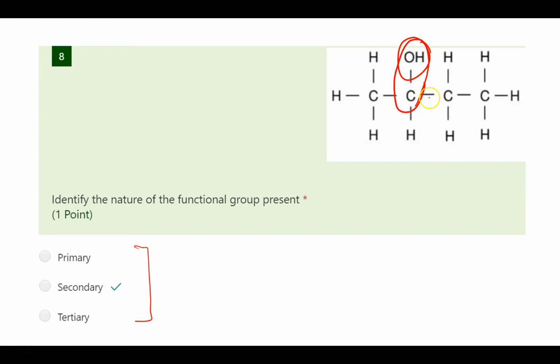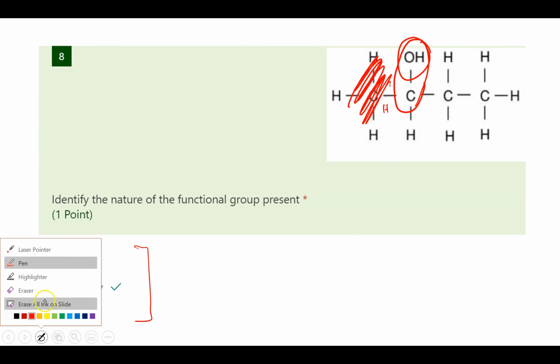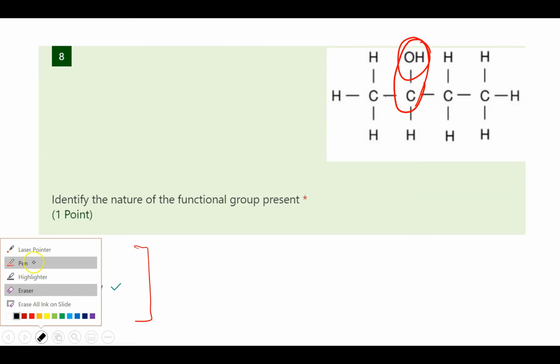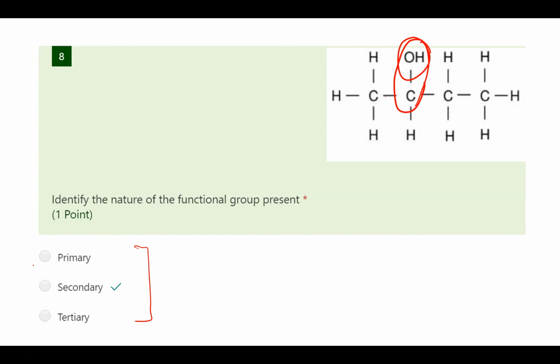And how many is that carbon attached to? If it's just attached to 1, so if this one here doesn't exist, and that's an H, that would be a primary. But what we actually end up having is a secondary. We have a secondary because we have this one and this one as well, so it's attached to 2.